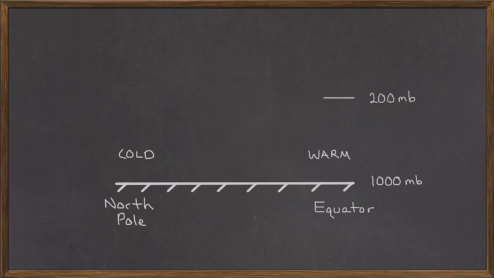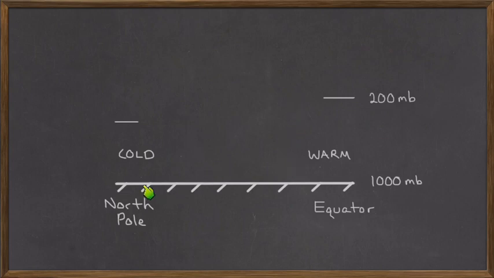And let's do the same thing over here at the pole, keeping in mind that it's cold here, and so the layer between 1,000 and 200 millibars will contract, because the layer expands where it's warm and contracts where it's cold. So we're going to draw it in at a lower height down here at the poles. And then in between, the temperature varies from warm over here to the south and cold to the north. And as the temperature varies, the thickness of the layer varies too.